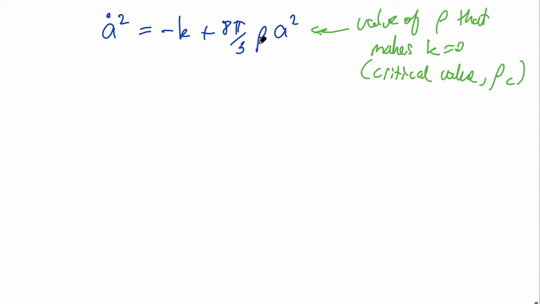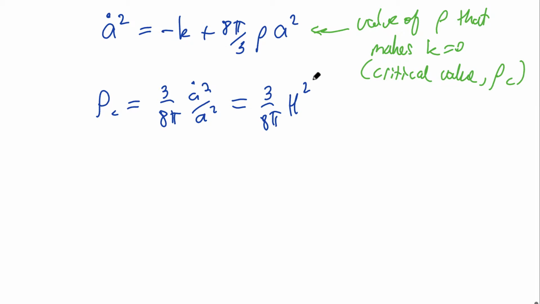So solving this equation for rho with k equals 0, we find rho sub c equals 3 over 8 pi times a dot squared over a squared. And of course that's just the Hubble parameter. So this is 3 over 8 pi times H squared.